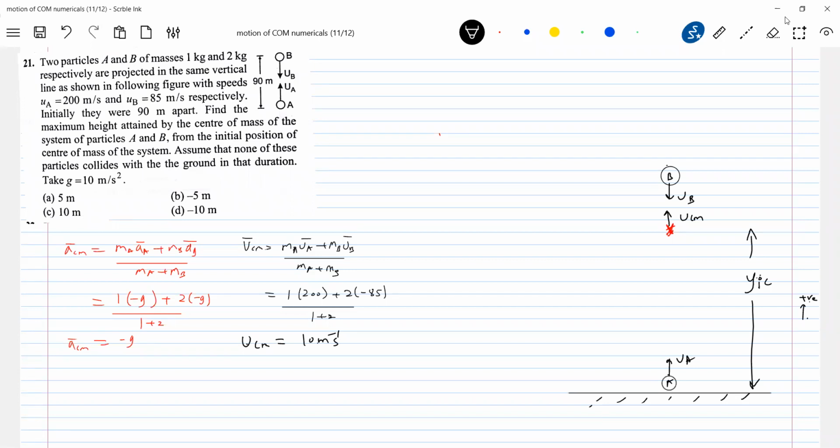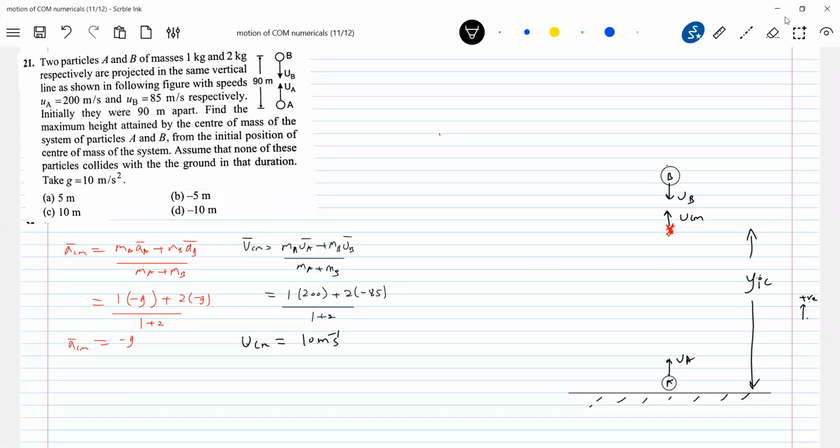So what is the maximum height ascended by the center of mass? Any formula shall apply. The equations of motion that we were using earlier can also be applied for the center of mass. Not just for any object, even for the center of mass you can apply equations of motion.